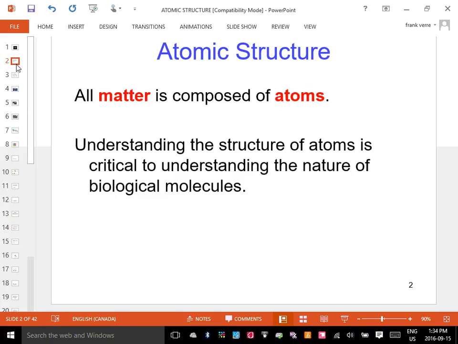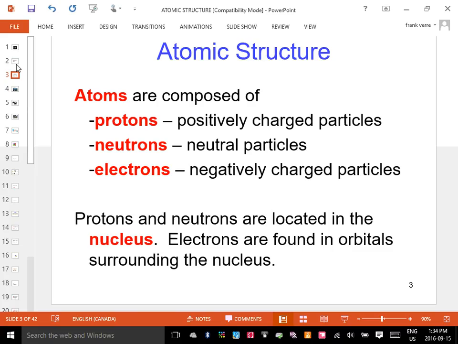And you probably learned about the building blocks of the atom, right? So what is found in the nucleus of the atom? What's similar about them? Their size.